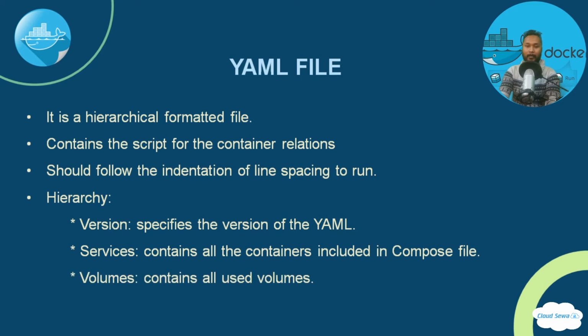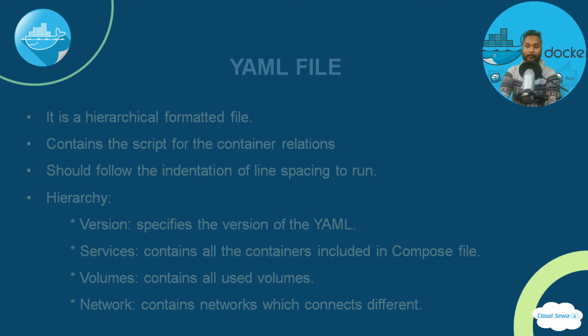We then also give the volumes, which is another component of the YAML file, denoted to contain all the volumes that are used in the container process. Finally, there is a component called network, which contains all the networks that connect the different containers within the container running procedure.